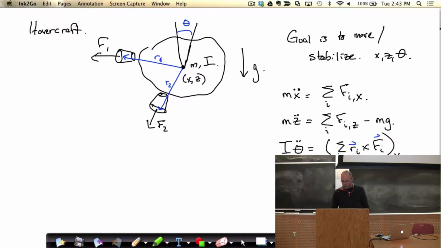Okay, so if I think of this as a control problem, maybe my control input is my forces. I can control the forces. And as far as things go in this class, this is actually a relatively easy control problem, right? So what do you notice when you look at this? Well, first of all, it's a linear system. Well, it's an affine system. There's some extra terms coming around, right? So the dynamics are affine.